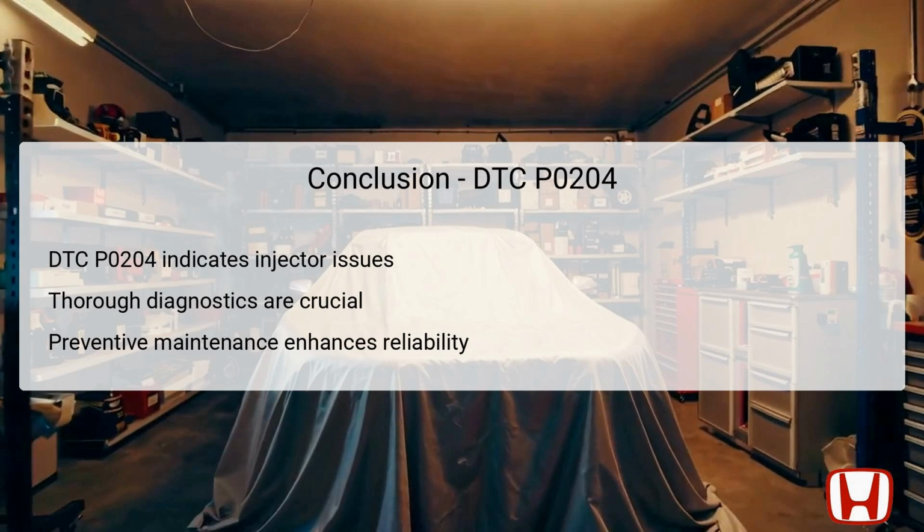Each troubleshooting step is designed to methodically verify wiring and connector integrity leading up to the injector itself. Engaging in preventive maintenance can help mitigate future occurrences of this error and ensure reliable vehicle operation. Recognizing the signs and promptly addressing them will aid in maintaining the overall health of the Honda Civic's fuel injection system.